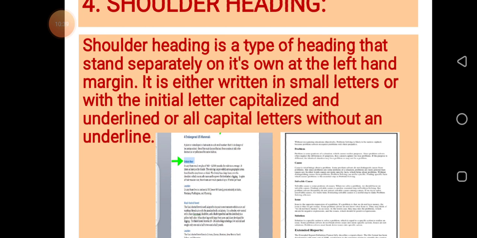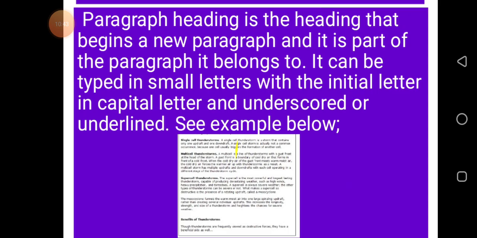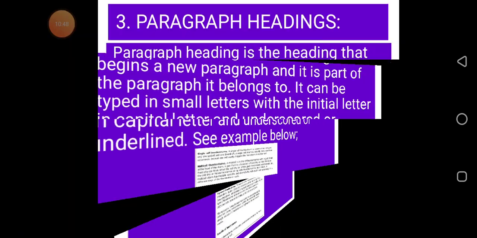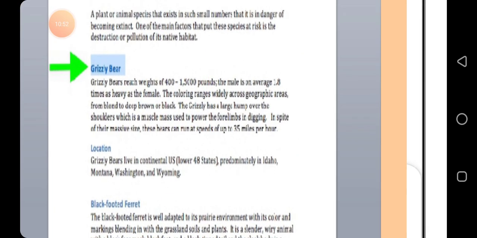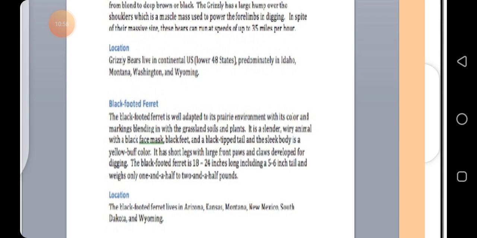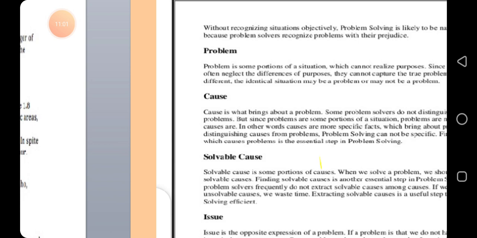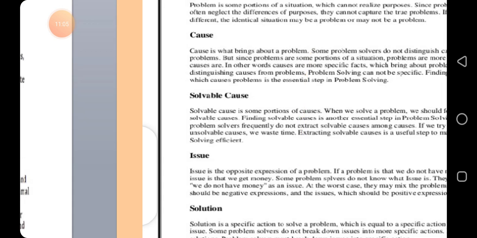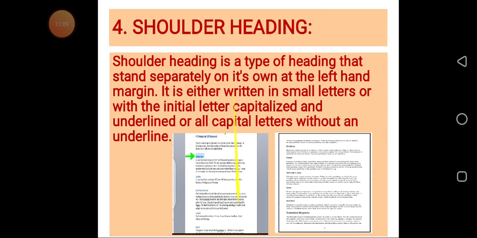It is on a different line, not the same line like the paragraph heading. It stands on its own before the paragraph you're going to write about. As you can see here, it's very clear. The shoulder heading stands on its own at the left margin.